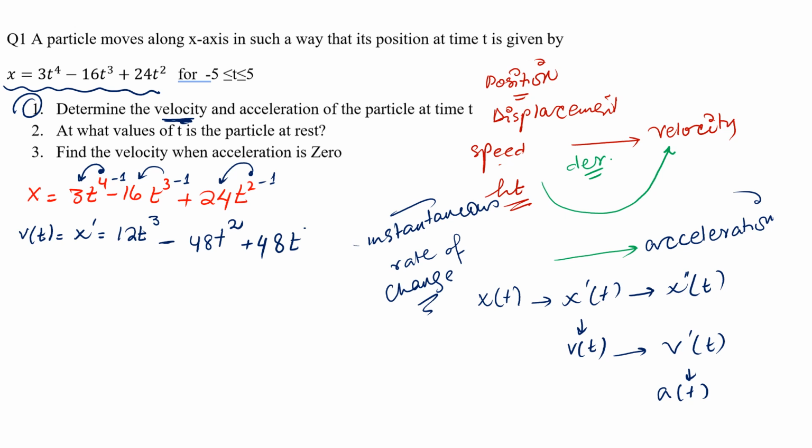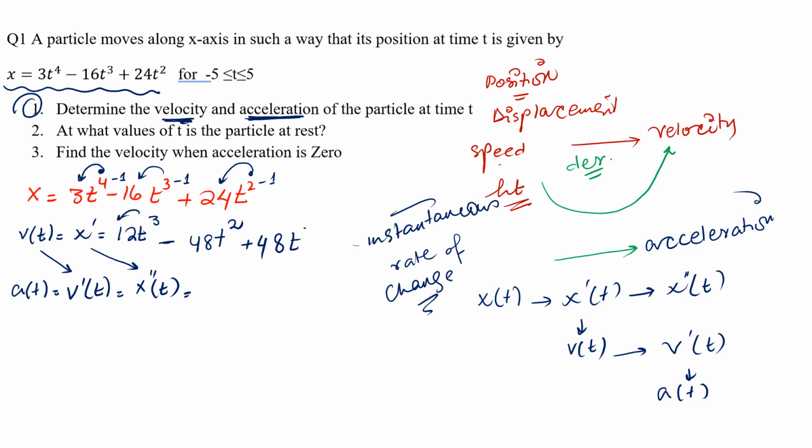Now the same question says find the acceleration. What is acceleration? Acceleration is the first derivative of the velocity or the second derivative of the position. If you are not writing each and every thing, then no need, just write acceleration and take the derivative.